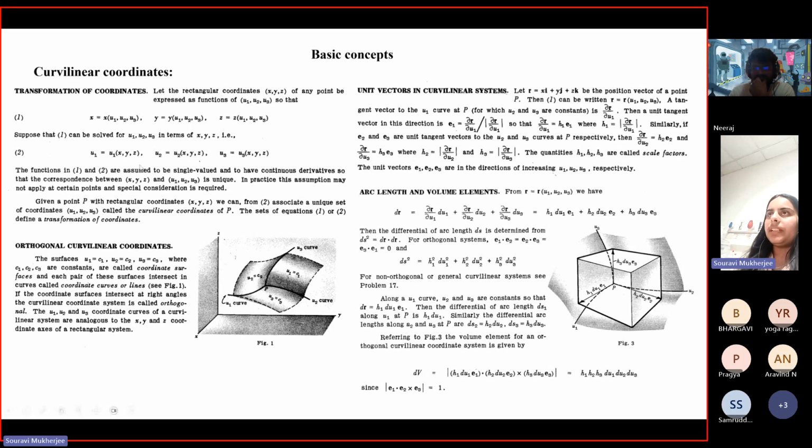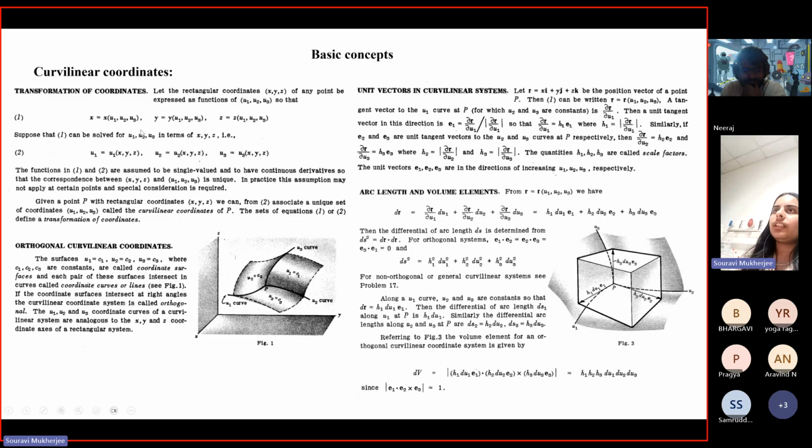So basically, if you have rectangular coordinates, we have x, y, z. Suppose you have a vector and you know the coordinates in x, y, and z.